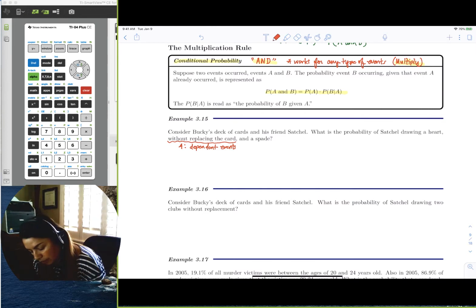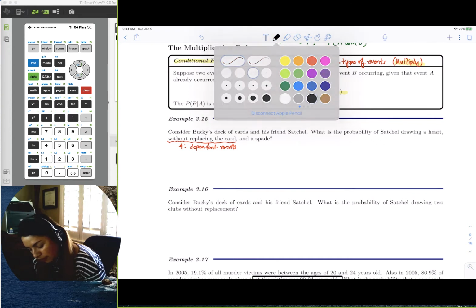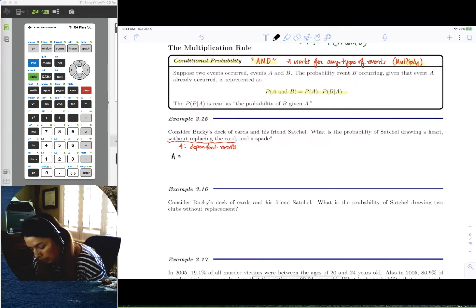and that the second event will be affected by the first. If we identify the events, A is the first event of drawing a heart, and the second event, call it B, is when Satchel needs to draw a spade.